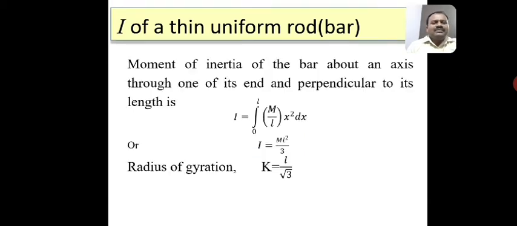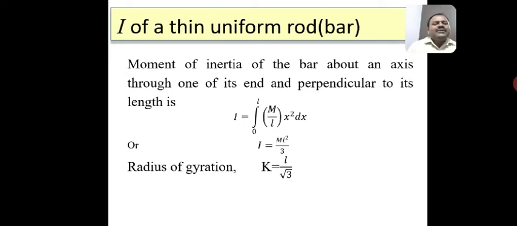Now the moment of inertia of the rod can also be calculated about an axis which is at one end of the rod and perpendicular to its length. For that, I is equal to integral 0 to L of M by L into x square dx. Here the elements we have imagined are at distances starting from 0 to L from the axis of rotation.